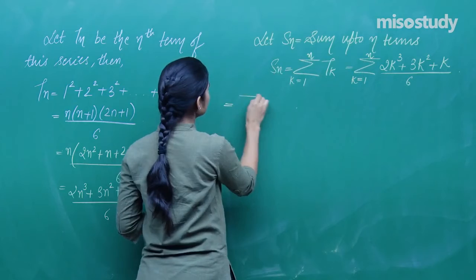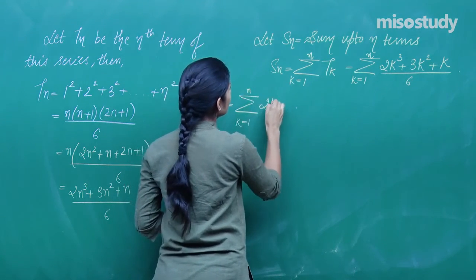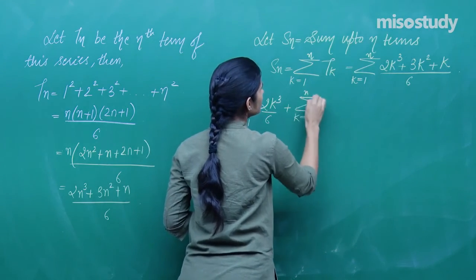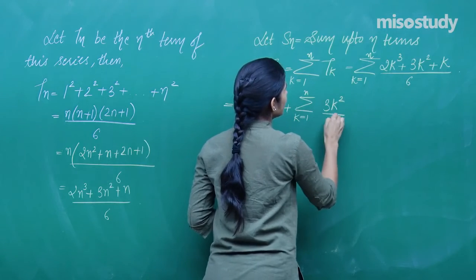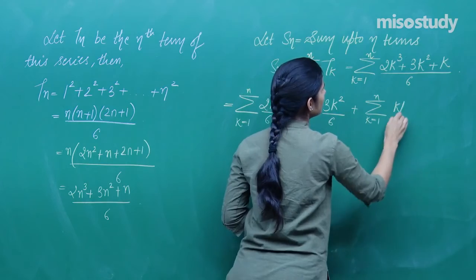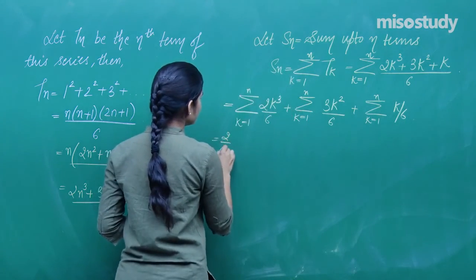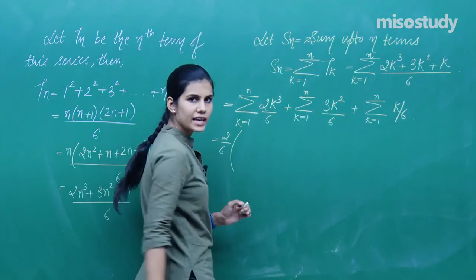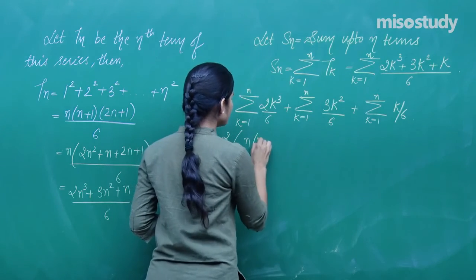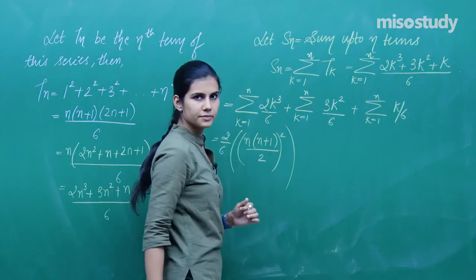Distribute the summation, we know this. Summation k going from 1 to n, 2k cube by 6, plus summation k running from 1 to n, 3k square by 6, plus summation k running from 1 to n, k by 6. 2 by 6 comes out. You are left with summation k cube, k going from 1 to n, sum of cube of first n natural numbers, (n into n plus 1 by 2) whole square.